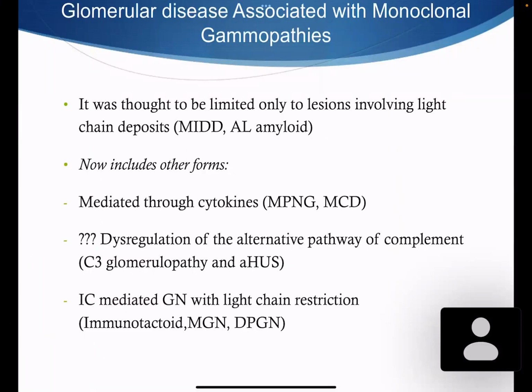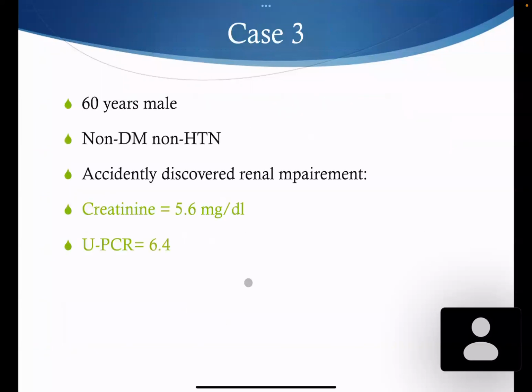And the glomerular diseases we're going to mention, inshallah, in the next session, but it entails the MIDD, the AL amyloid, the MCD, and the C3 glomerulopathy, the typical HUS. And we're going to mention a last case that shows a different pattern as well.